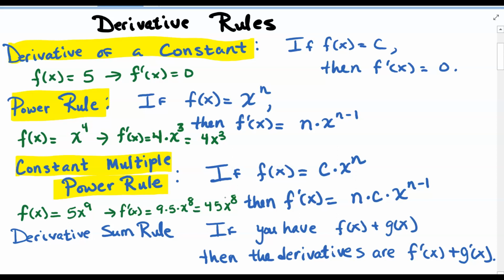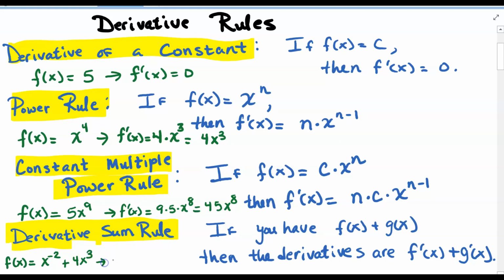Now if we look at the last rule, the derivative sum rule, this one is actually not too bad either. Suppose I have f of x equals x to the negative 2 plus 4x cubed.